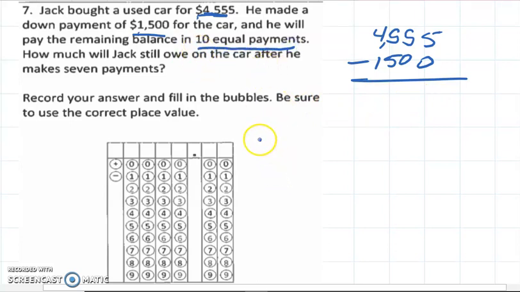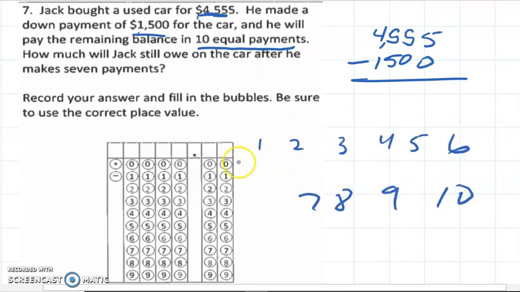That means you're going to have 1, 2, 3, 4, 5, 6, 7, 8, 9, 10 payments. So whatever this amount comes out to, you're going to divide it into 10 payments. That way you pay the same thing every single time. So whatever you get here, you divide by 10 to find out how much each payment would be.